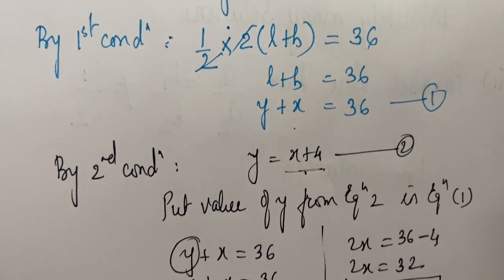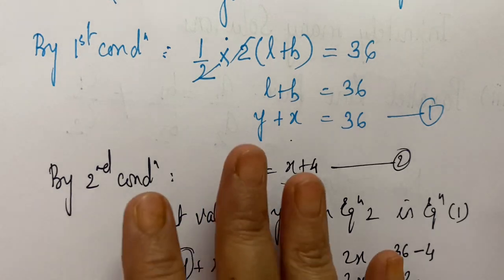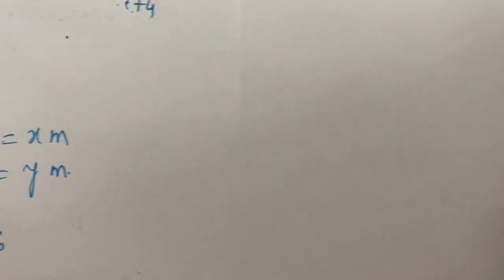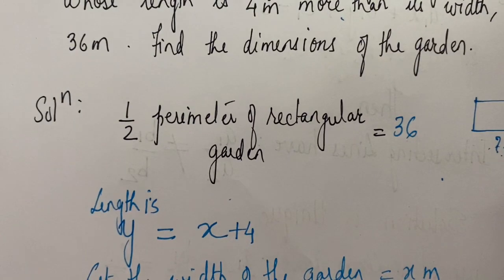So you got the value of x. That means the breadth is 16 meter. Now we need to find out the length. So let us go for the length now.